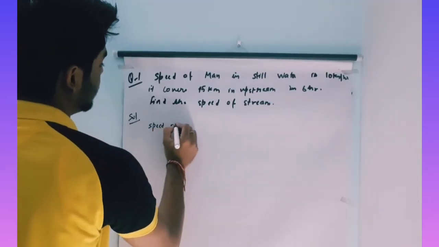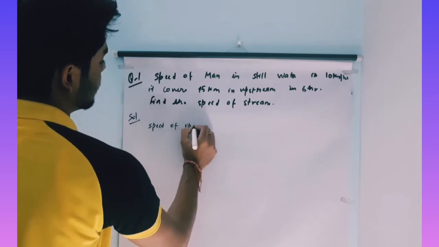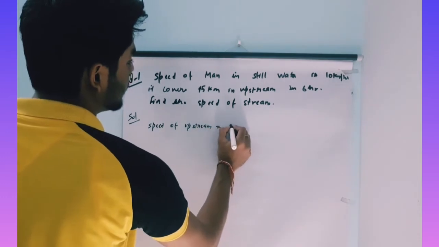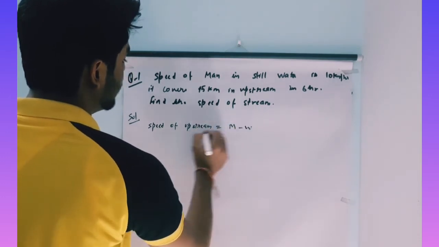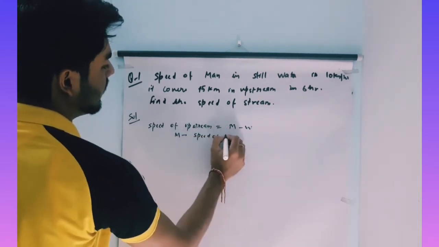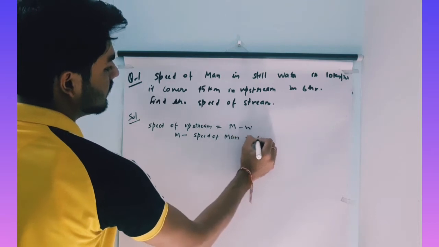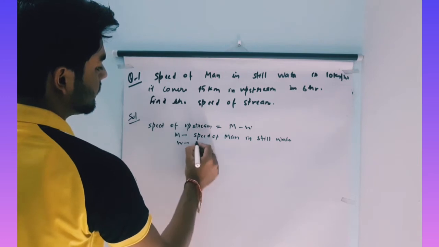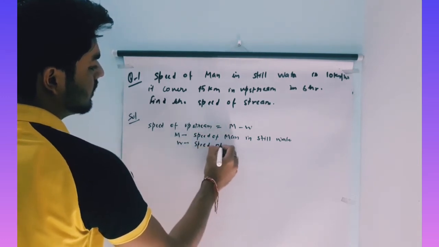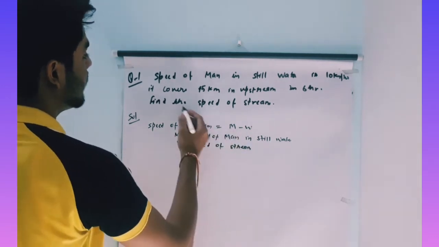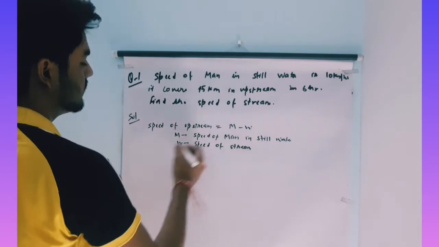We know that the speed of upstream is equal to m minus w, where m is speed of man in still water and w is speed of stream. So now we have given that it covers 45 km upstream in 6 hours.